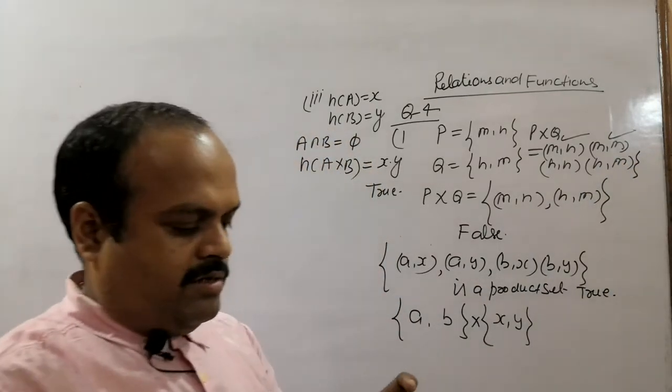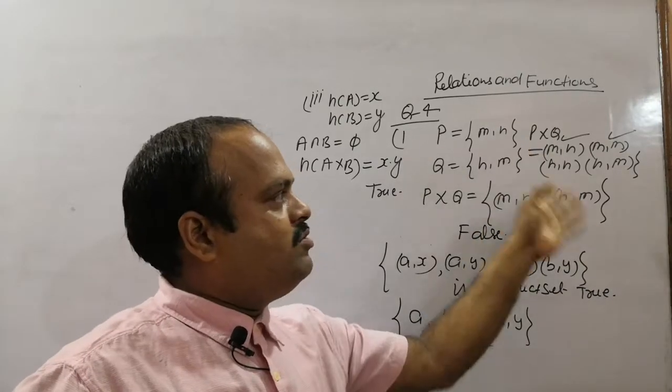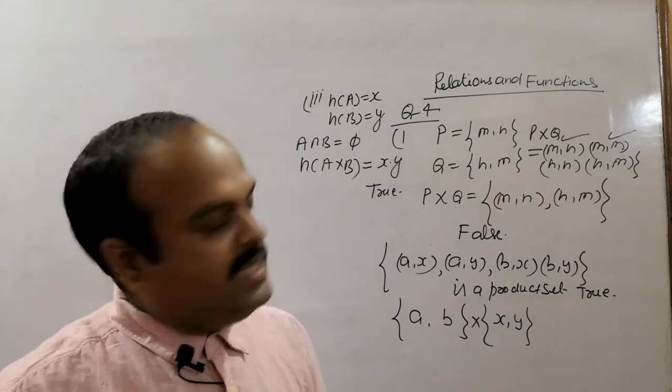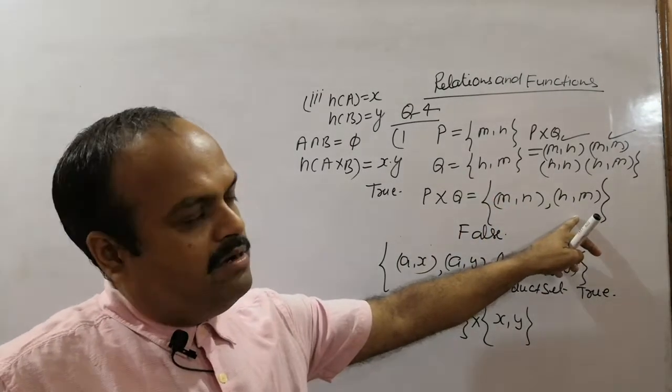So here we will be getting 2 into 2, 4 elements. We have got it, no? Okay. Now, come to this. So this statement, only 2 given, which is wrong.